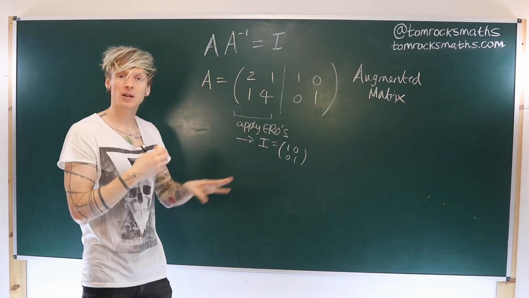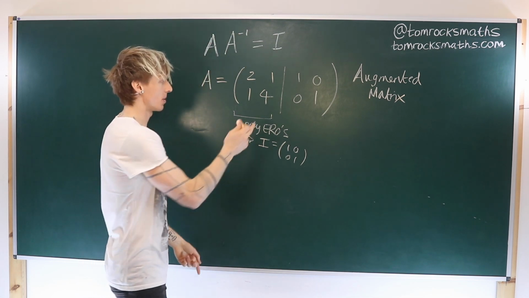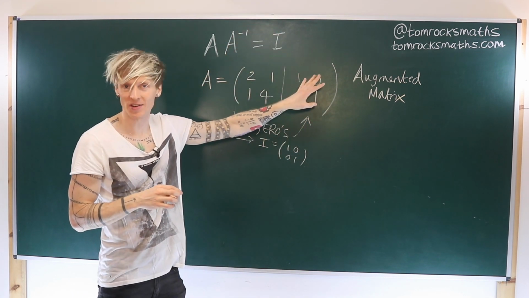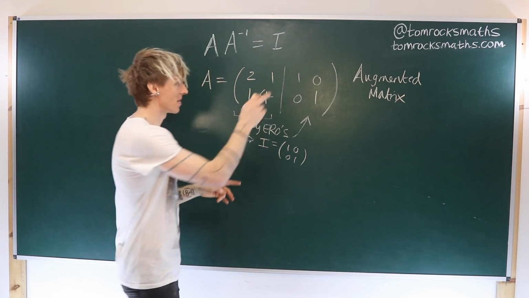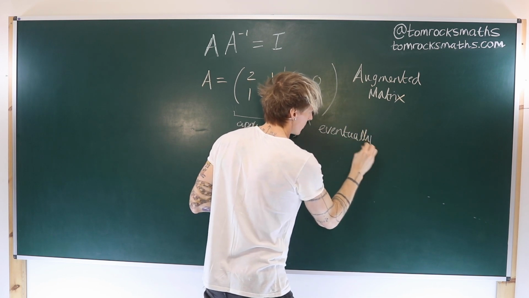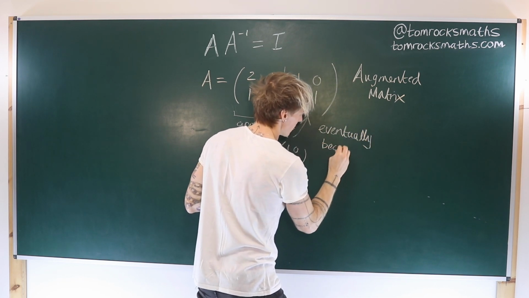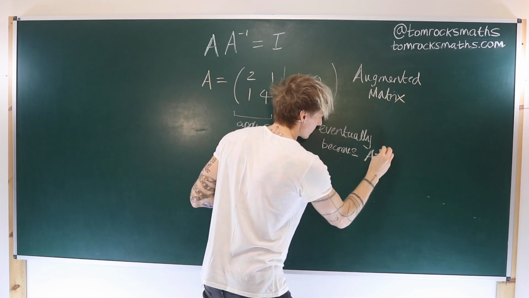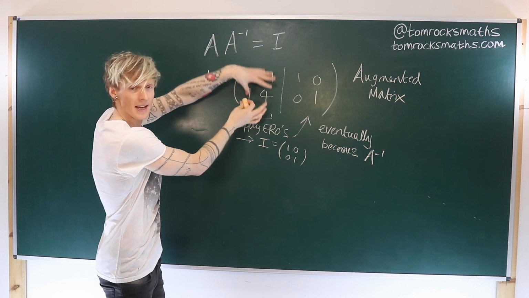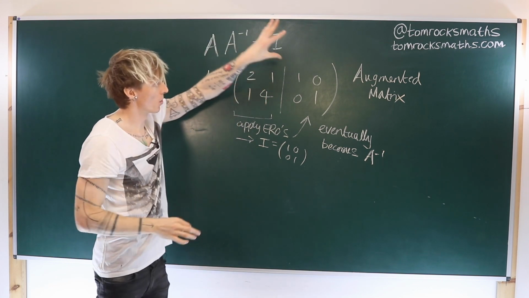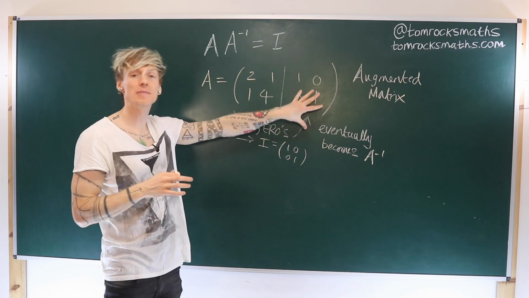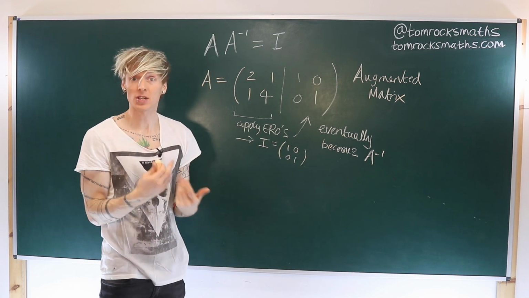But given the augmented matrix form, we can just apply the same EROs to this part of the matrix, which is the 2 by 2 identity, and this will eventually become our inverse, A minus 1. So apply EROs, turn this into the identity. Once this is the identity, whatever is left here, having applied the same elementary row operations, is going to be your inverse. So let's actually do the calculation.